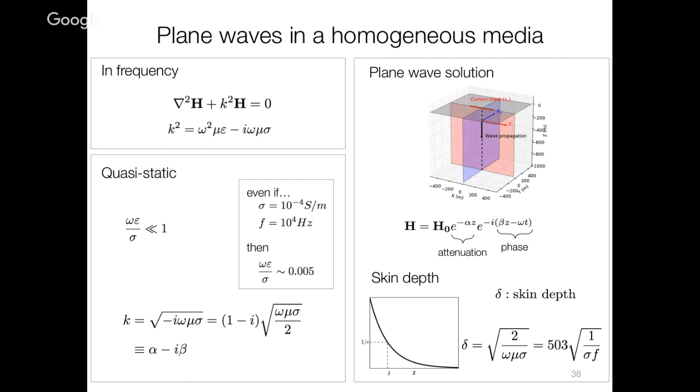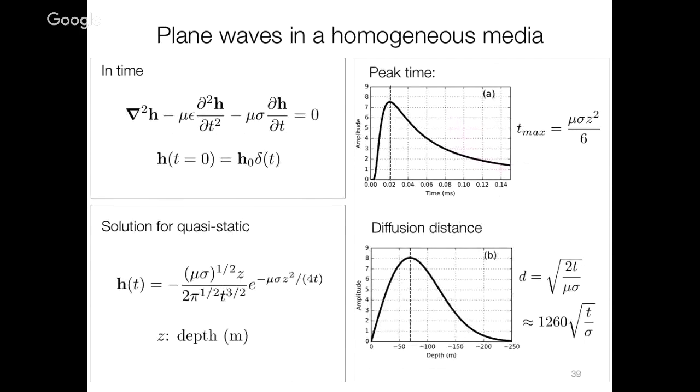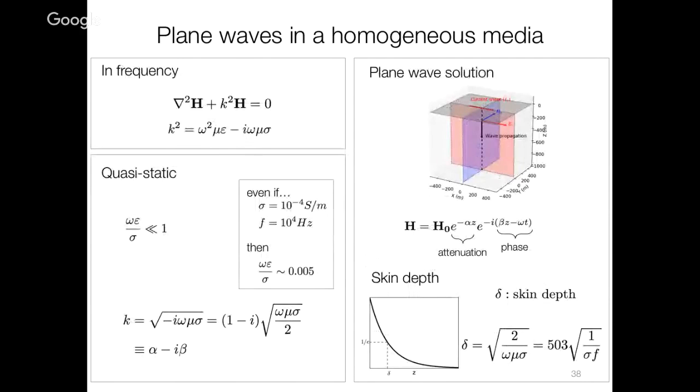That is called the skin depth. That's a very important term for electromagnetics, and it's given by this particular formula. Skin depth is the depth that a plane wave travels before it decays to 1 upon e.